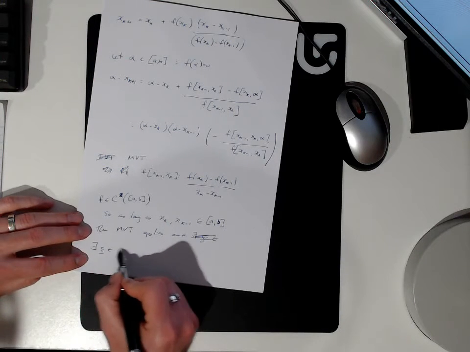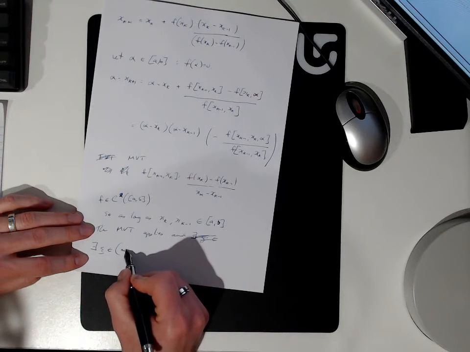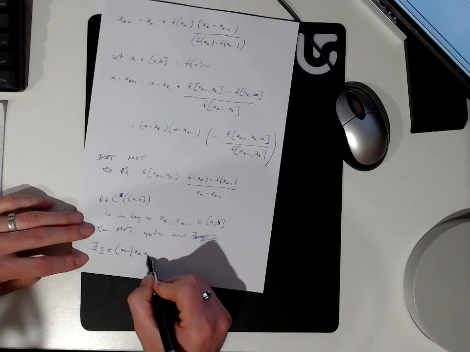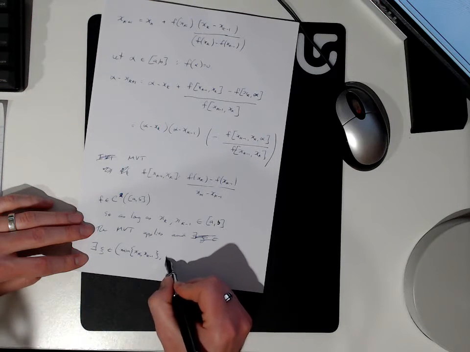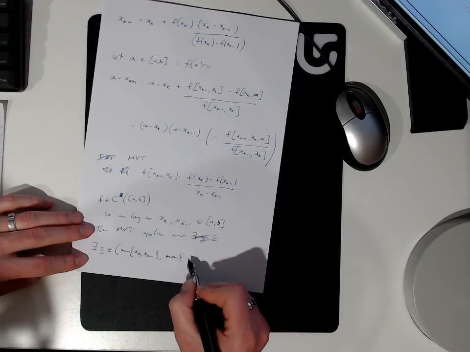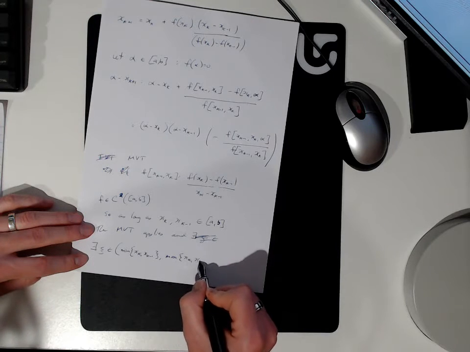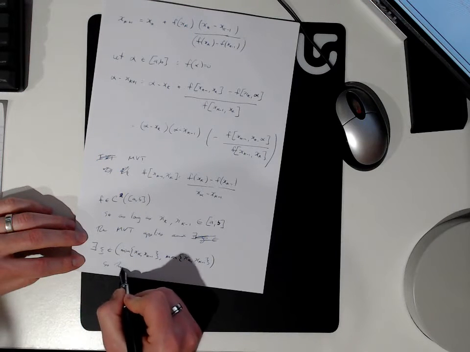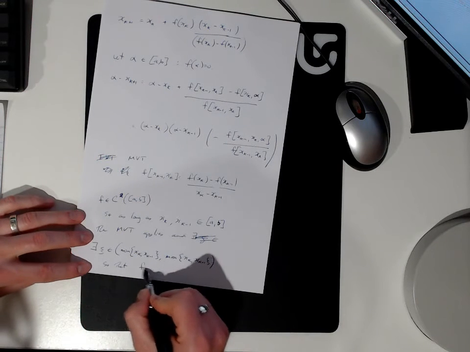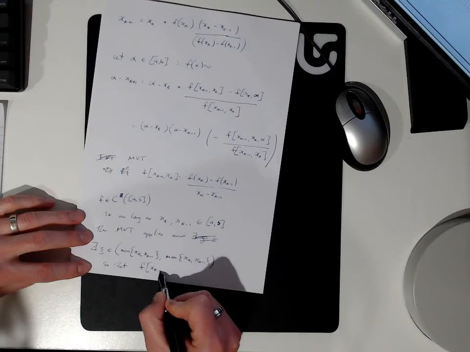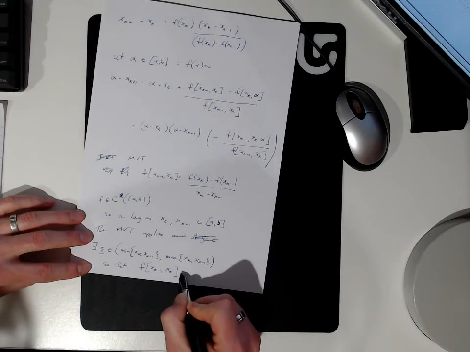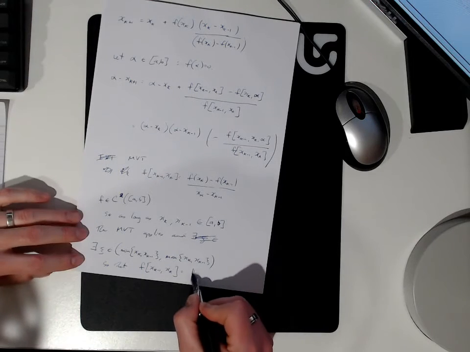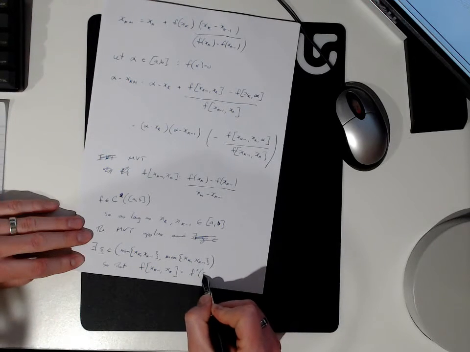So there exists a zeta in the minimum of xk and xk minus 1 to the maximum of xk and xk minus 1, so that f xk minus 1, xk is equal to f dash of zeta.